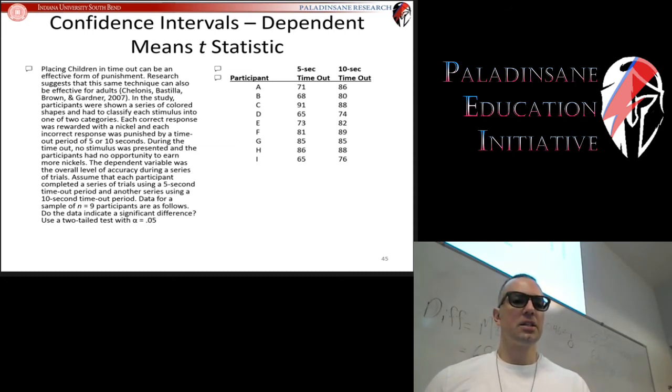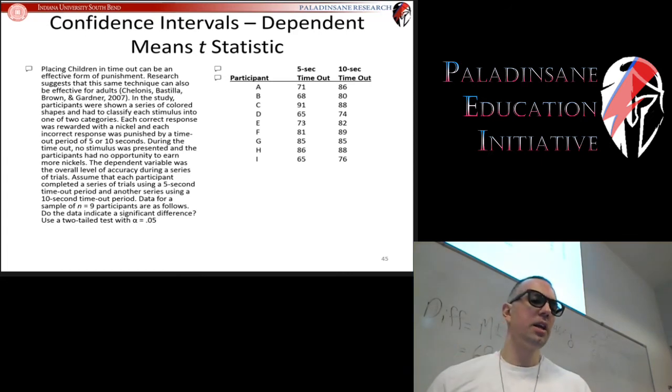We would see that each participant completed a series of trials using a 5-second timeout period and another series using a 10-second timeout period. So we have one group of subjects measured in the 5-second timeout condition, and then measured again in the 10-second timeout condition. We have them measured twice. That's the dependent means t-test.